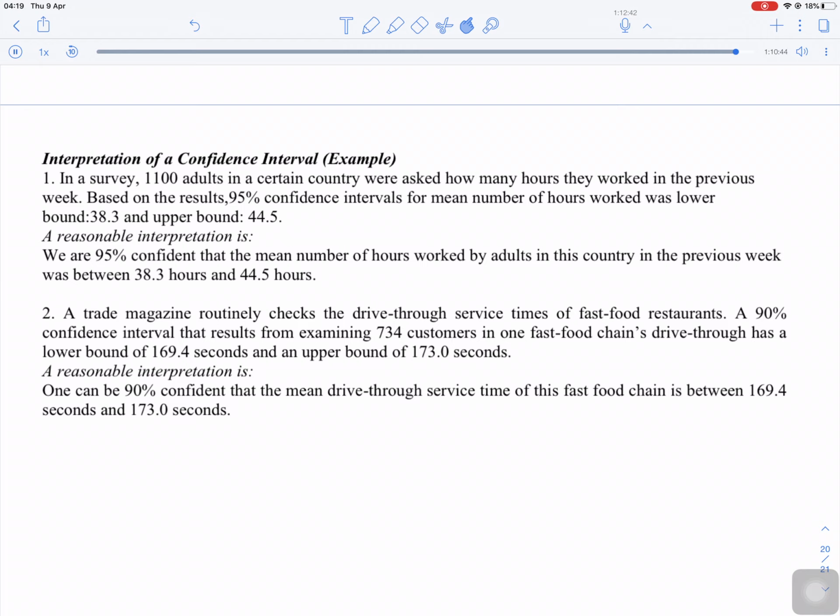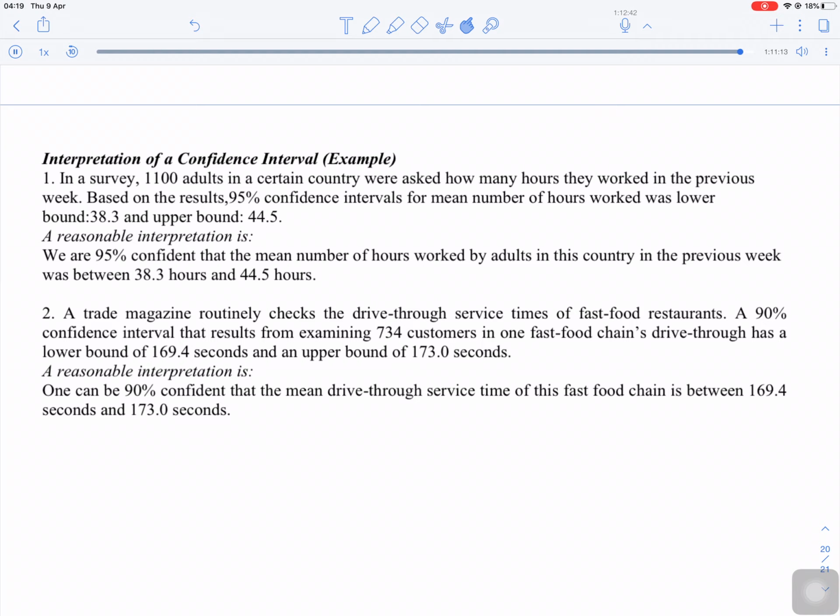Using the wording of the problem, we say that we are 95% confident that the mean number of hours worked by adults in this country in the previous week was between 38.3 hours and 44.5 hours. This is a professional and formal way of interpreting your confidence interval.